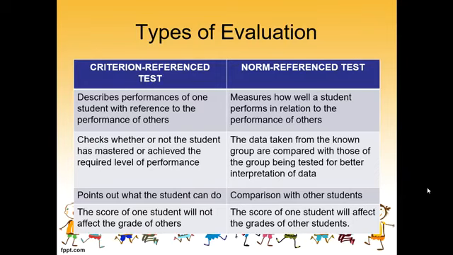Moreover, in the criterion reference test, it will not matter how your other classmates or how the other students perform. And it will not relate your performance to other students, but more on you yourself or how you yourself are capable of doing. Say for instance, you took a 100-item test wherein the teacher had instructed that the passing score is 70.